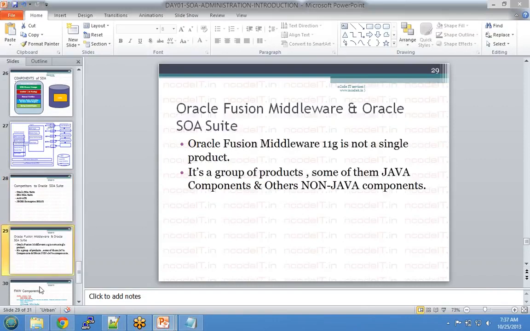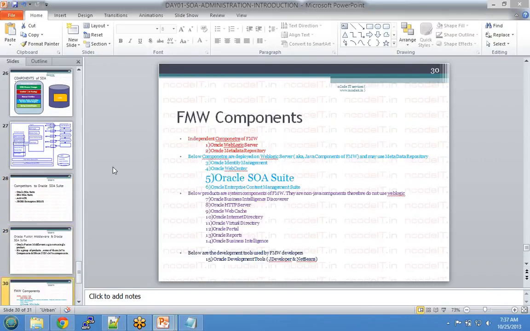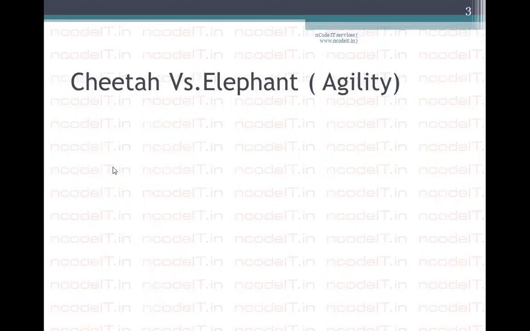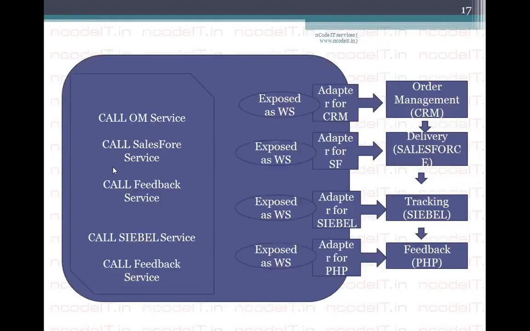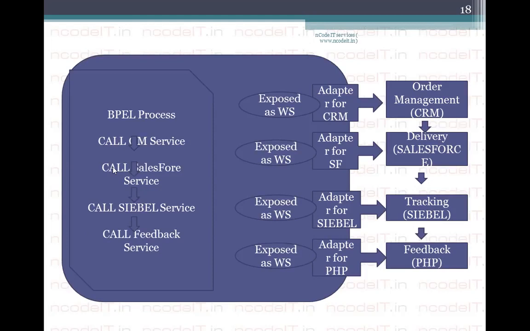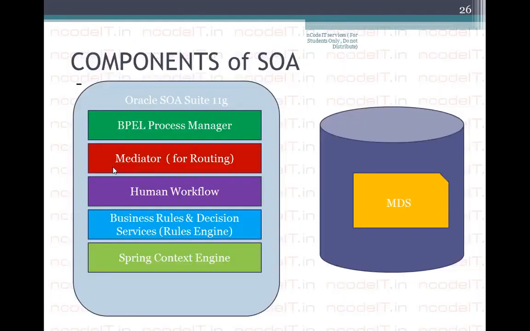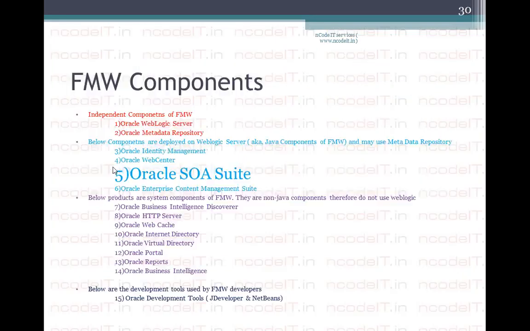Again, we were talking about the same thing. These are various products of Fusion Middleware. We have the first two in red, which are independent products: Oracle WebLogic Server and the Metadata Repository, MDS.